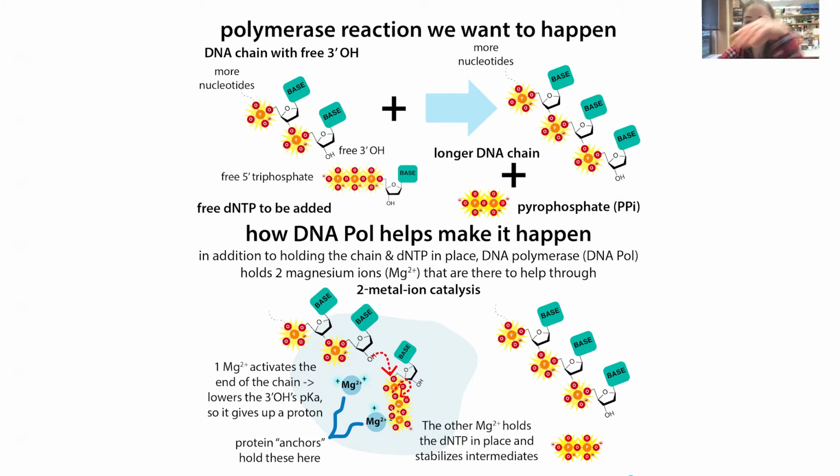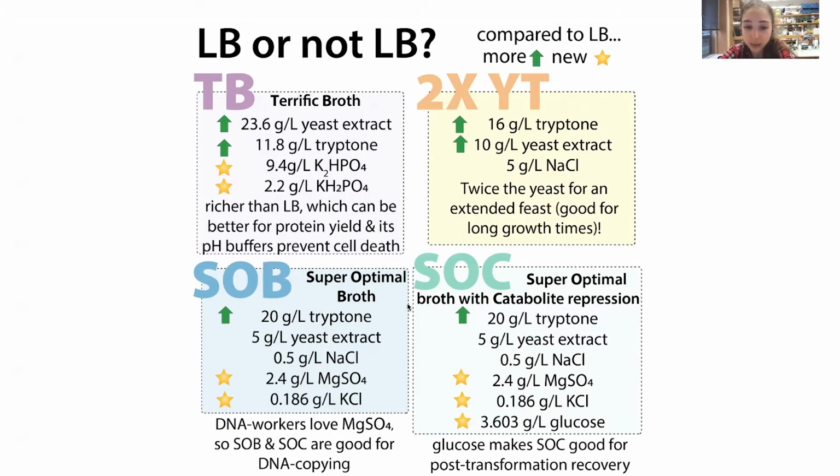So you need magnesium. And so you can provide extra magnesium in SOB and SOC compared to LB. They also have extra tryptone, so you have more of those nutrients and some other salts. And so this is good. So these two are good for DNA copying.